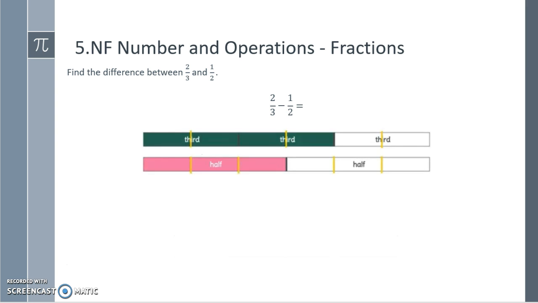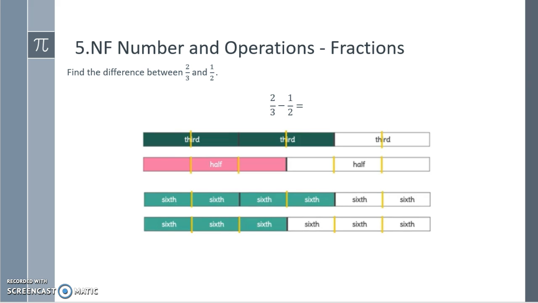What we can do then is notice the yellow marks. We can split the thirds in half and the halves into thirds, so that we create sixths. And when I create sixths, I see then that 2/3 is the same as 4/6 because the same amount is shaded, and 1/2 is the same as 3/6.